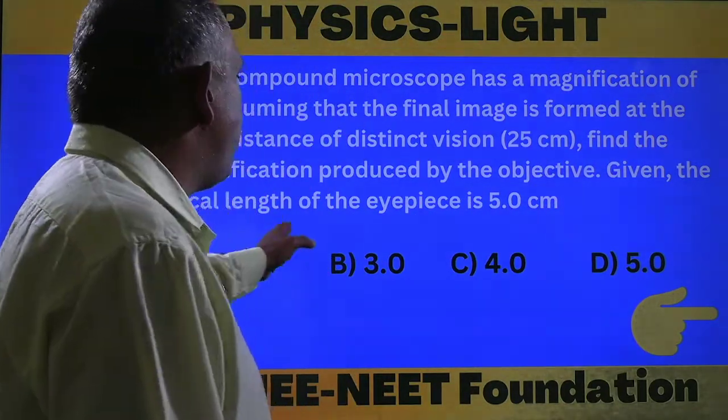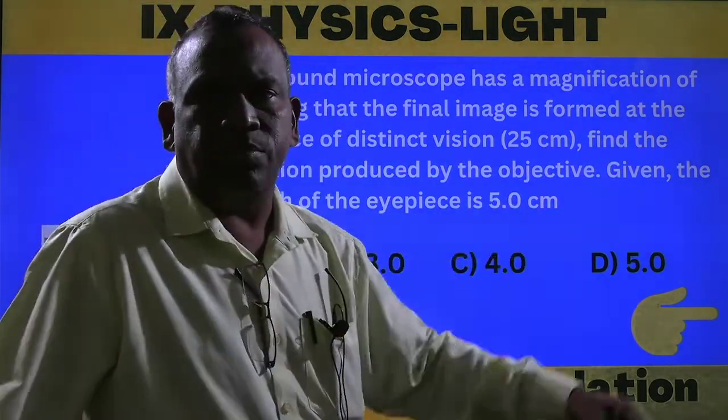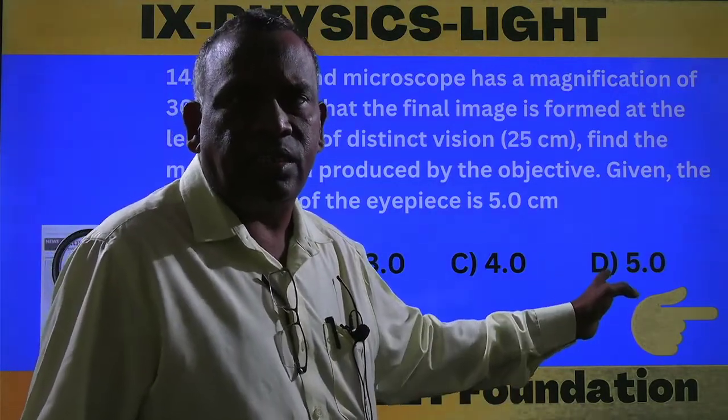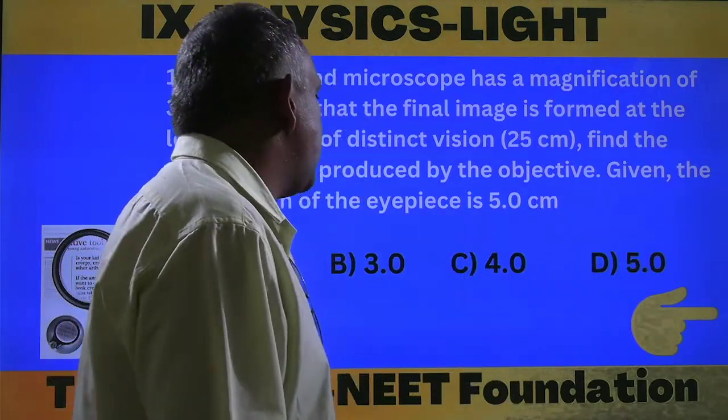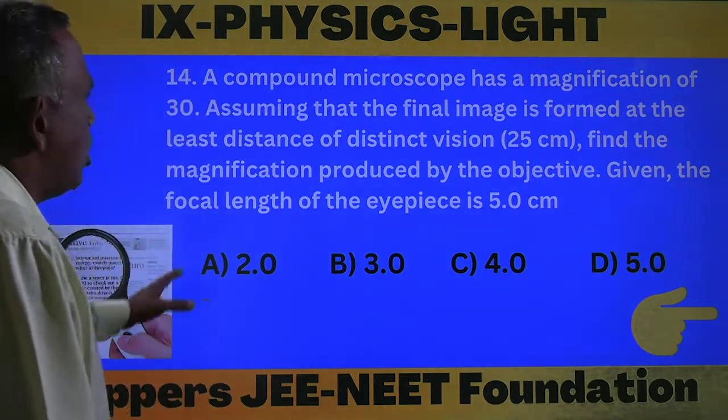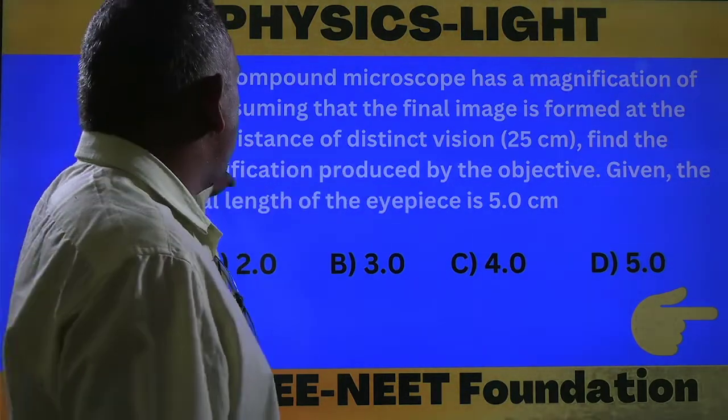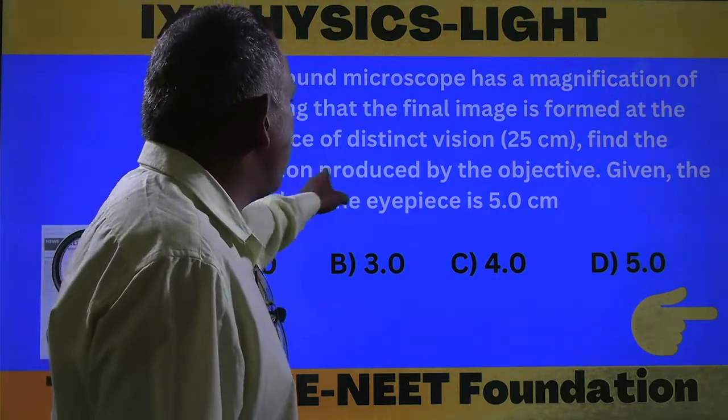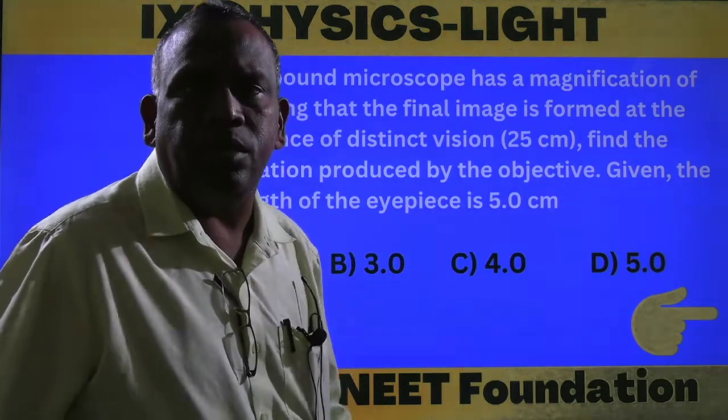Given that the focal length of the eye lens is 5 centimeters. See, what is the question here? Find the magnification produced by the objective lens.